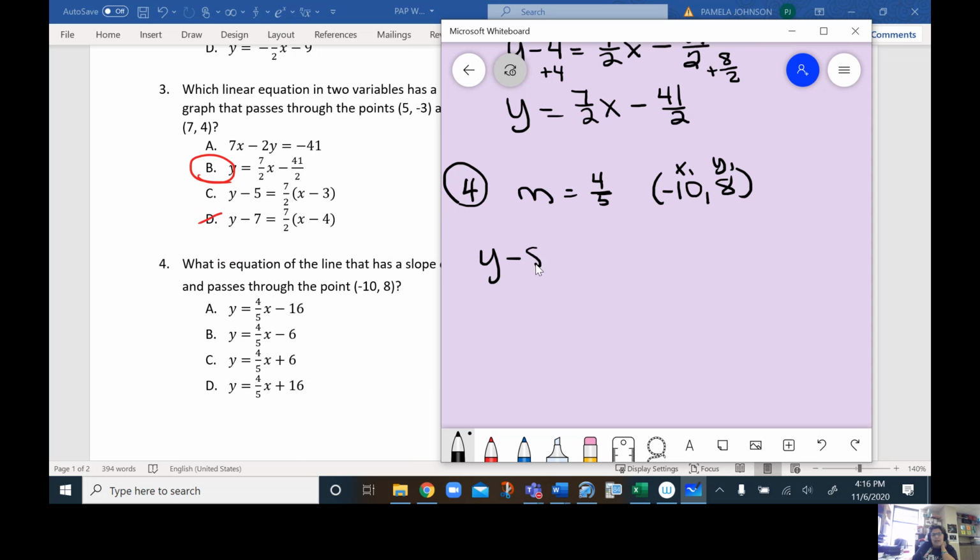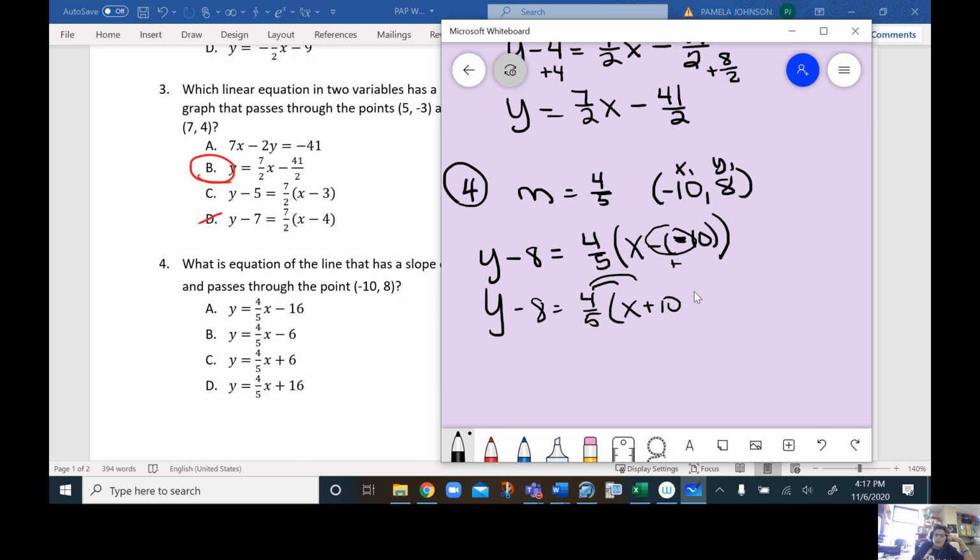y minus 8 equals 4/5 times x minus -10. Minus a negative becomes a plus. y minus 8 equals 4/5 x plus 10.